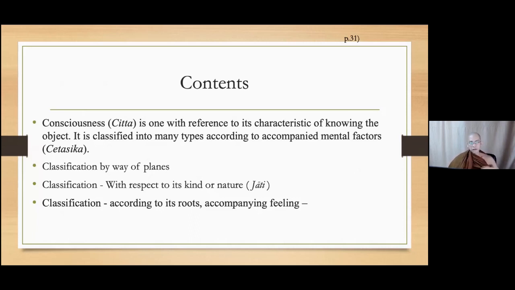It means that every type of consciousness, when we divide it into different ways of classification, different kinds of classification come into our study, but all consciousness has the same characteristic. That is knowing the object.